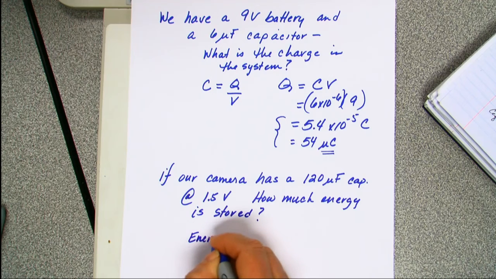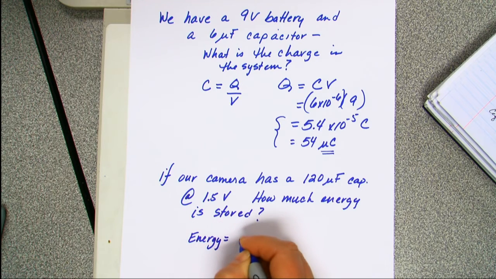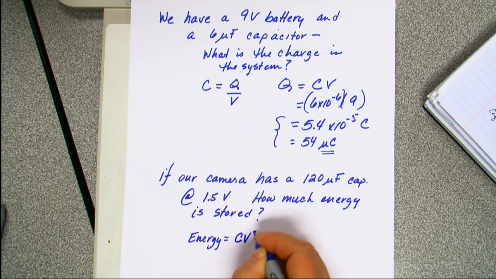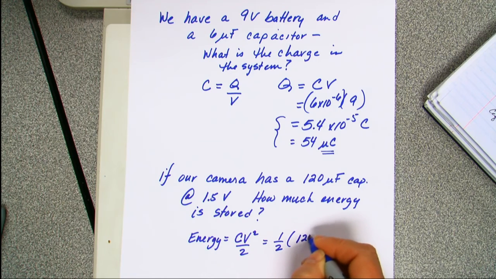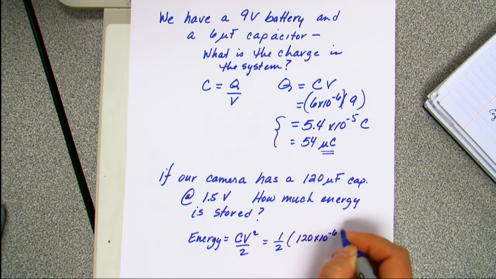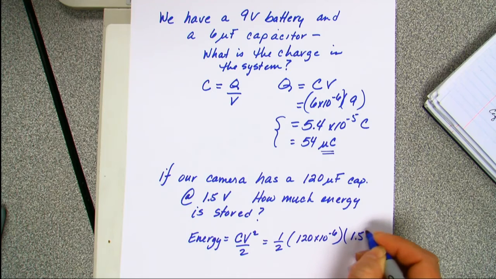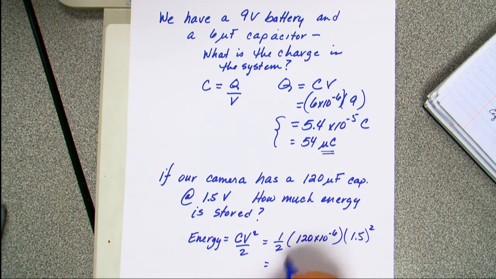Energy is going to equal CV squared divided by 2, or 1/2 CV squared. It's going to mean 1/2 times 120 times 10 to the minus 6, times 1.5 squared, and that's going to equal 1.35 times 10 to the minus 4 joules.